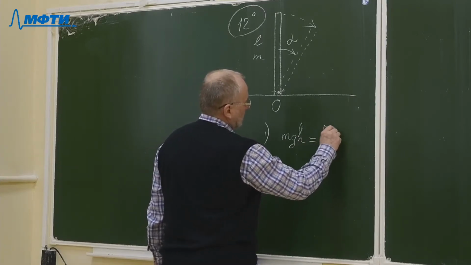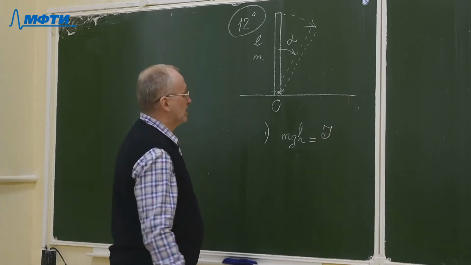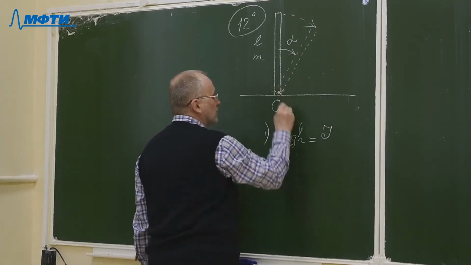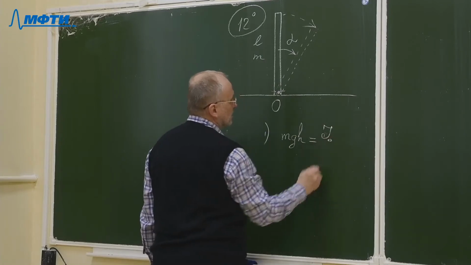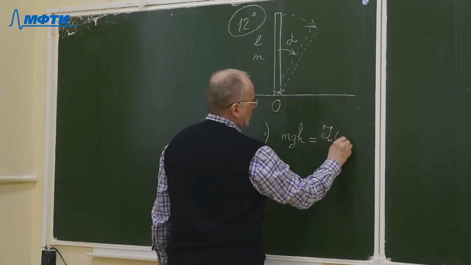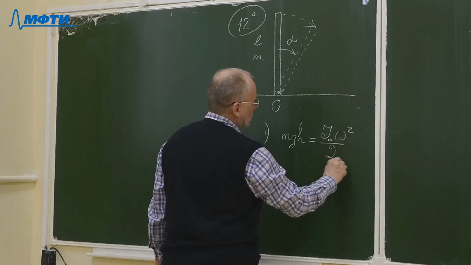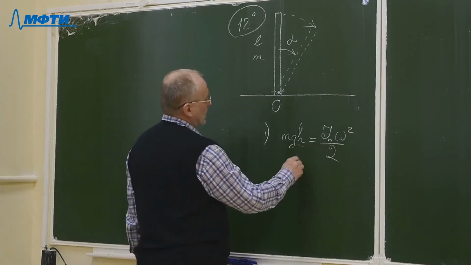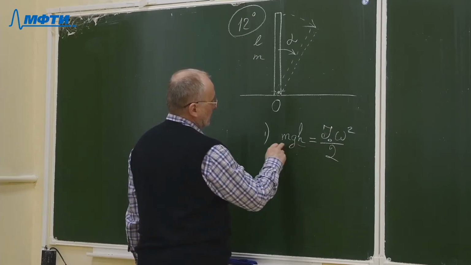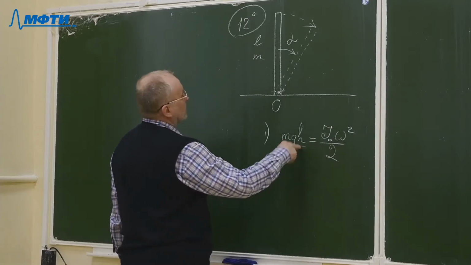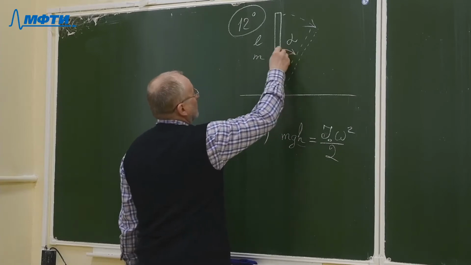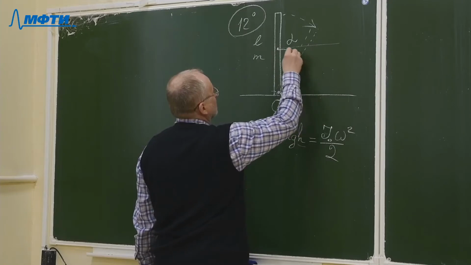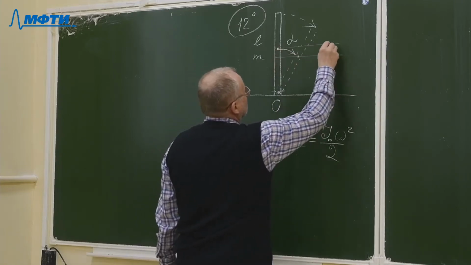That is, the kinetic energy here is the moment of inertia of this chimney about the axis of rotation, that is about O, times omega squared over 2. And the loss of potential energy involves the height from which the center of mass of this chimney descends.